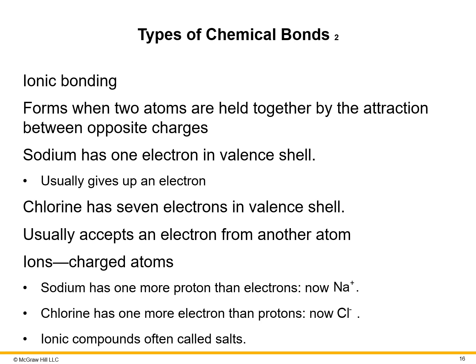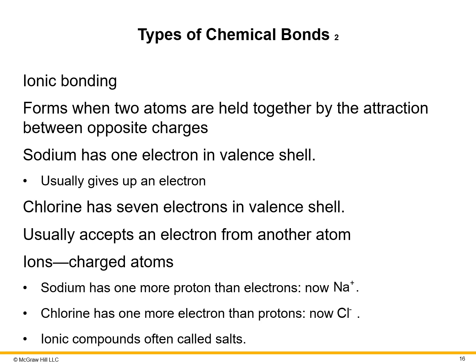We don't really stay on this for too long, but with ionic bonding, that's when 2 atoms are held together by the attraction between opposite charges. So for example, sodium has 1 electron in the valence shell, usually gives 1 up. So when you have sodium and chlorine that come together, chlorine only has 7 electrons in its outer shell, and so whenever they come together, it usually accepts an electron from another atom.